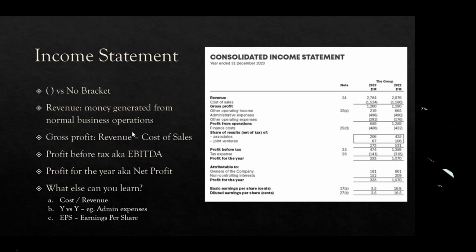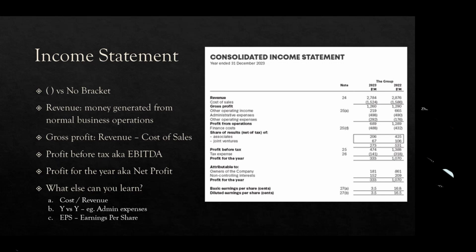Okay. Right. So at the last part of this income statement, it shows something called the EPS, right? So EPS stands for earnings per share, right? So earnings refer to profit. Okay, I repeat, earnings refer to profit, right?